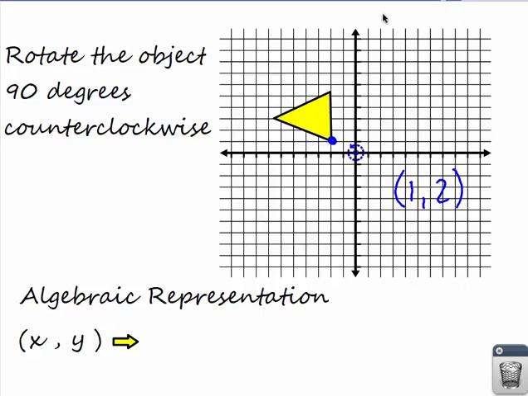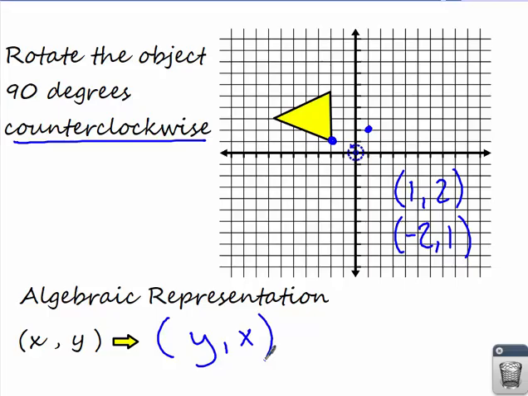There's 90 degrees counterclockwise. Our original point was at (1, 2). Now where did that point go? That point went to (-2, 1). So when we look at the algebraic representation of a 90-degree counterclockwise turn, the original x and y change places, and my y value turned to a negative.